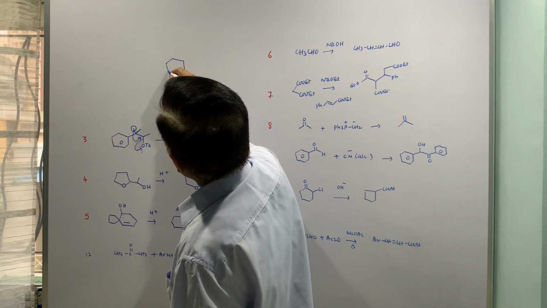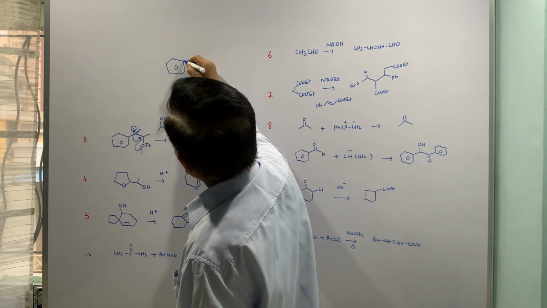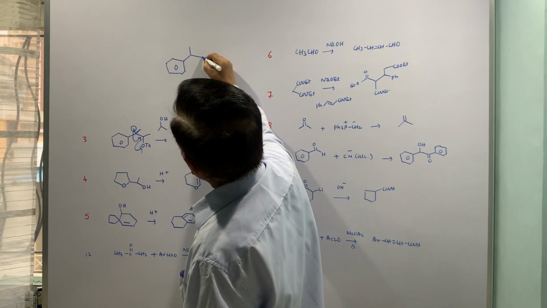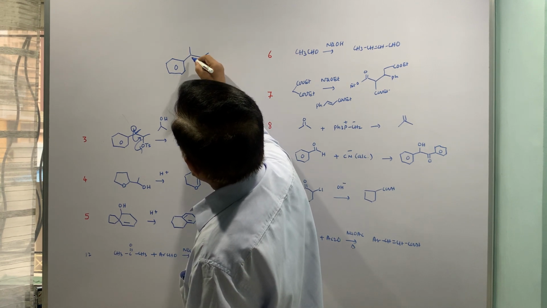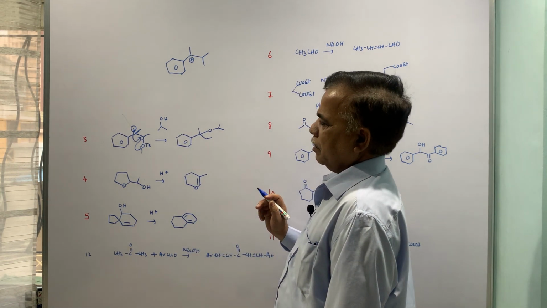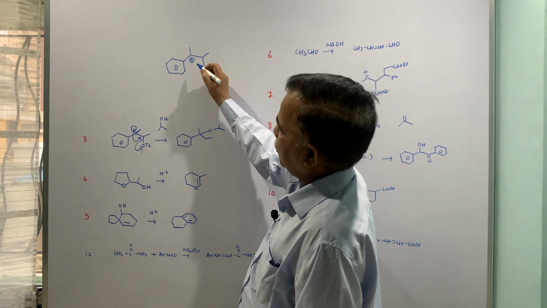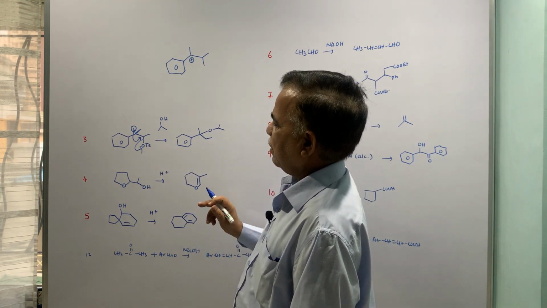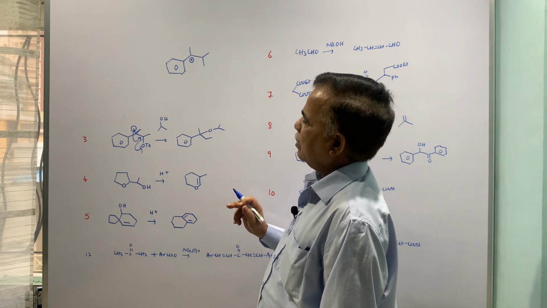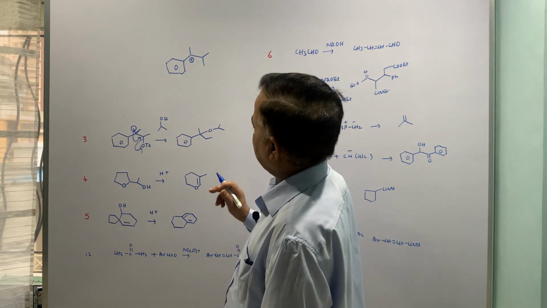So the intermediate will be this, and this is going to be positive. Okay. Now, this is tertiary and benzylic. The earlier carbonium ion would be secondary only. So, tertiary benzylic is preferred.